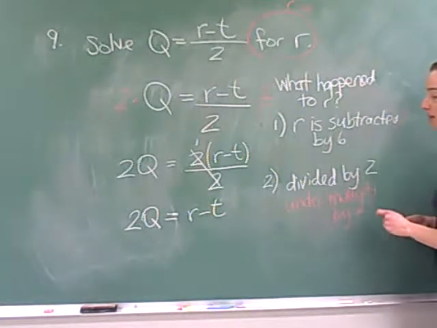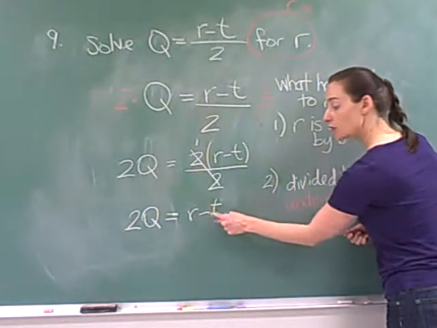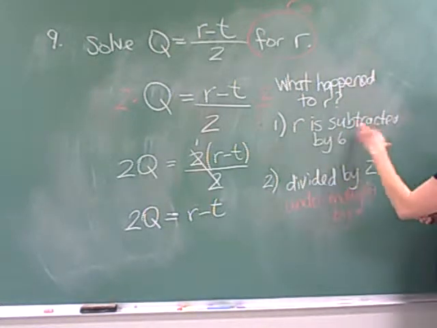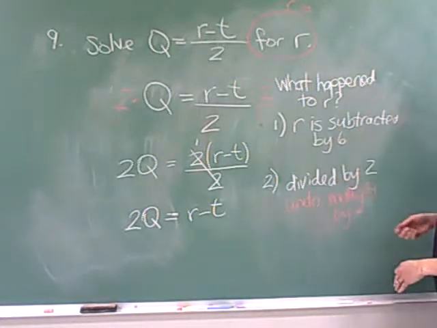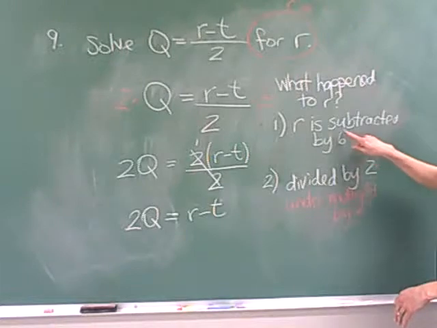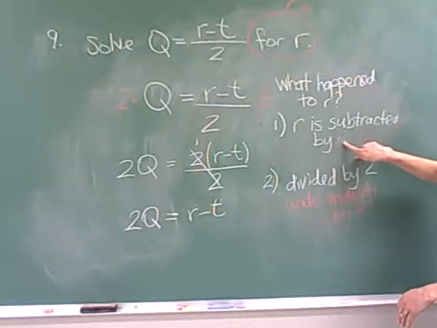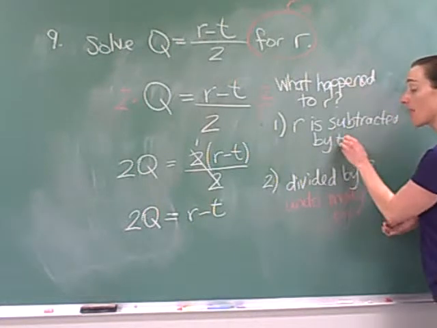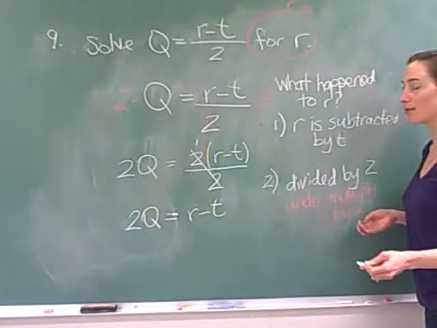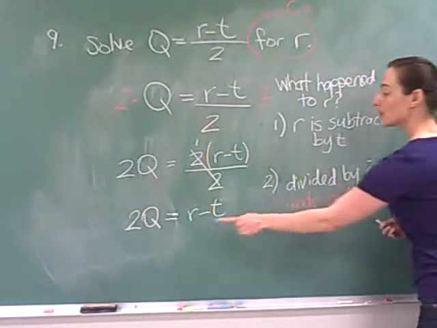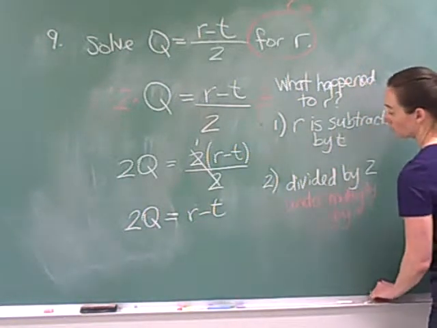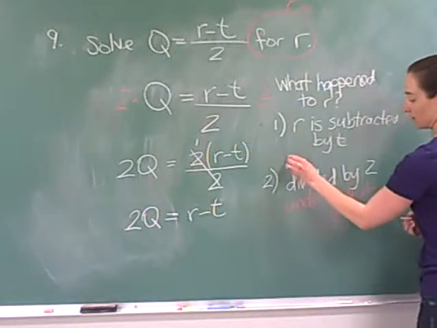So now I see that R is being subtracted by T. So I'm just going to undo that. If R has been subtracted by T, to undo that, we're going to add T to both sides.